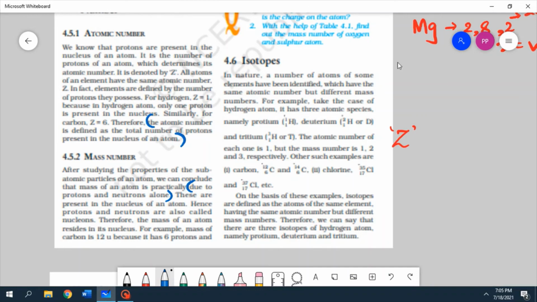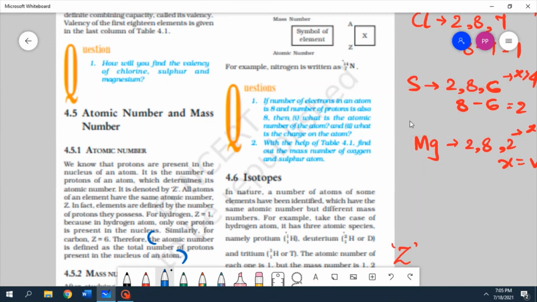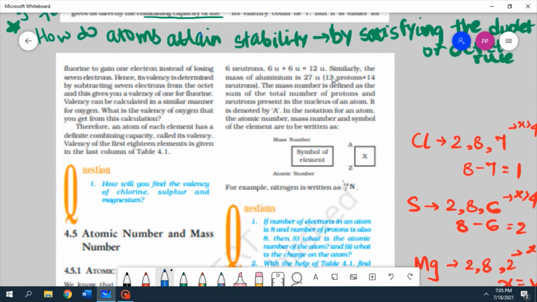Alright, so then we have two questions again, but before we move on to the questions, let's see how an atom is represented.